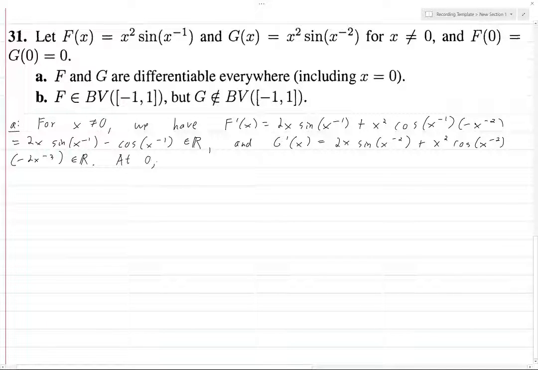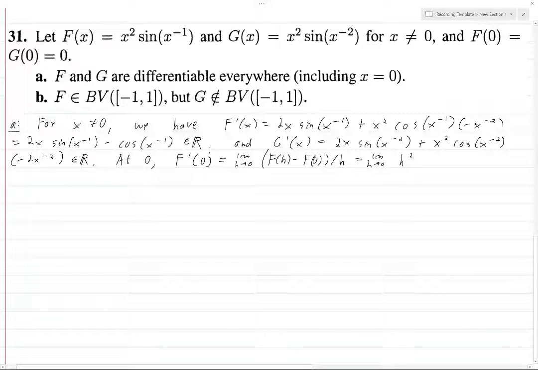At 0, we want to figure out what these derivatives are, and so instead of taking this derivative formally, we're going to go back to the limit definition. This is just the limit as h goes to 0 of f of h minus f of 0, all divided by h. We define these things to be 0 at 0, and so we're just going to get f of h.